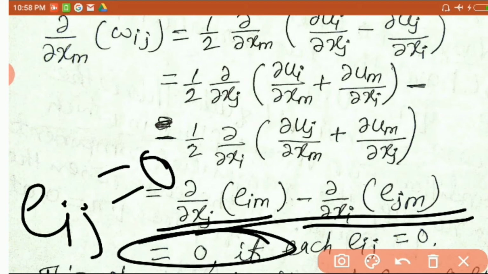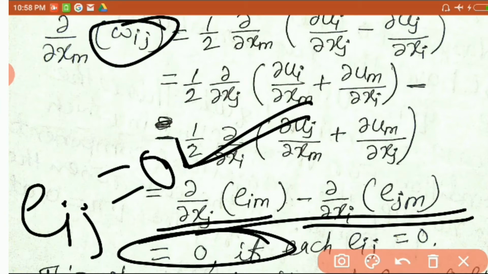This shows that if each e_ij is 0 everywhere, then w_ij are constants, because the derivative of this constant gives 0 here. So that is, the rotation is the same everywhere.